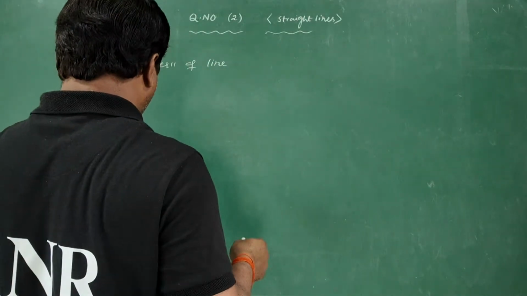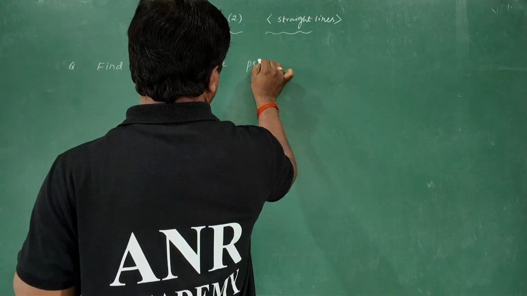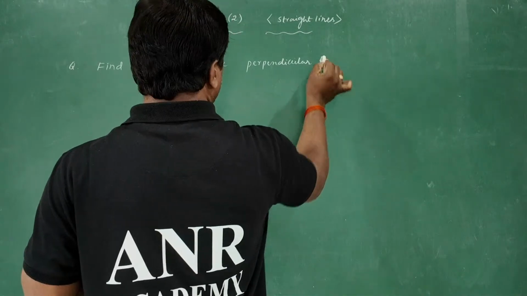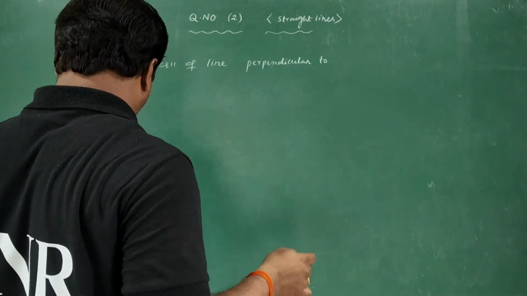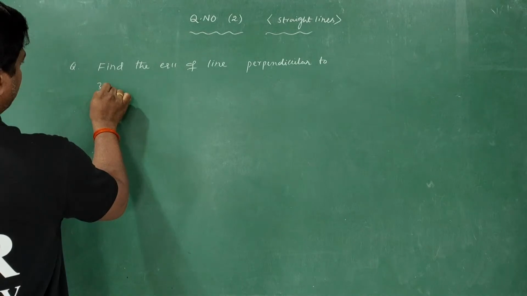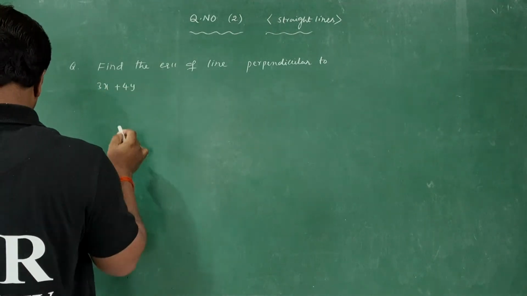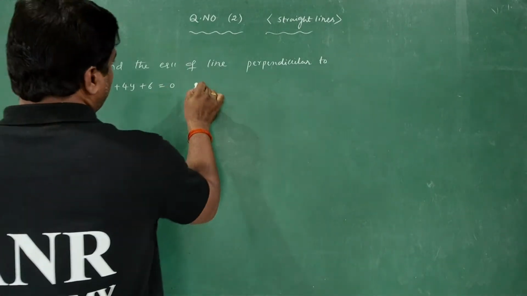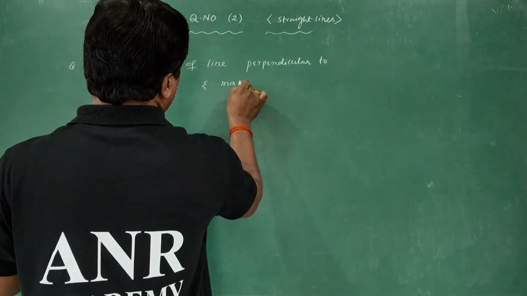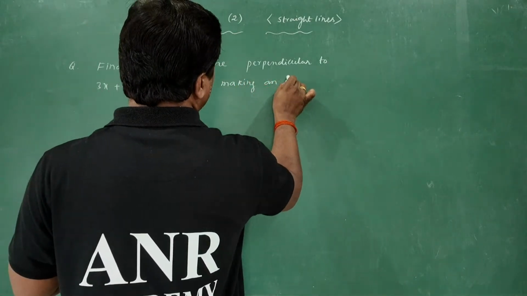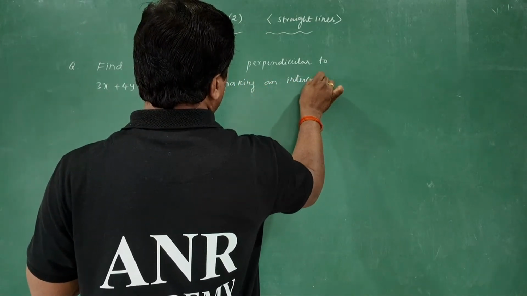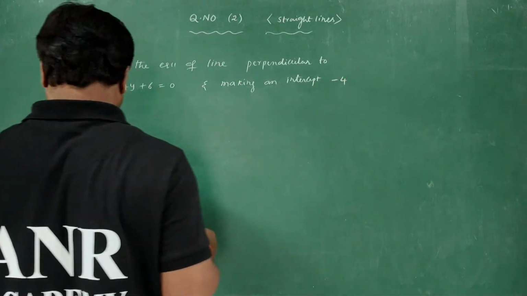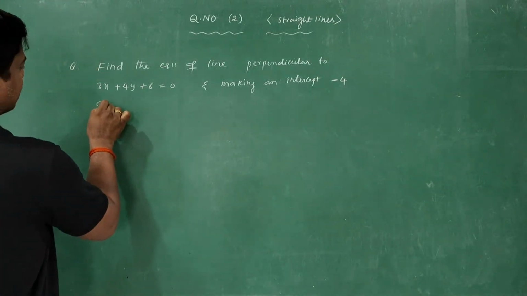Find the equation of line which is perpendicular to 3x plus 4y plus 6 equal to 0 and making an intercept minus 4 on x-axis.